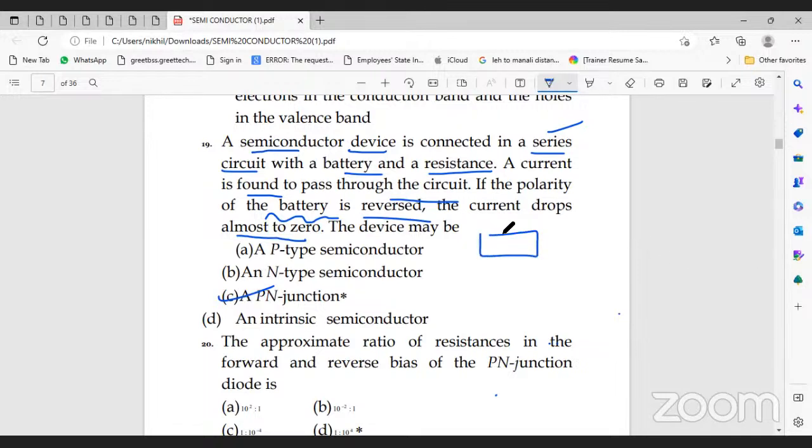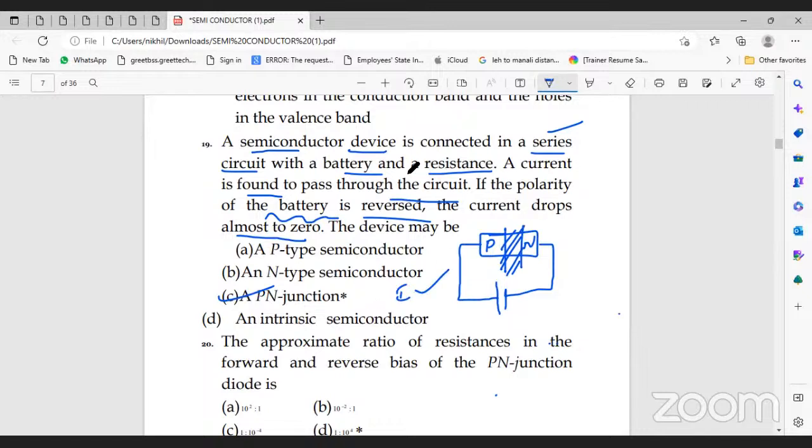Because if I say this is the depletion region, this is P type, this is N type. P type is connected to the positive terminal, N type is connected to the negative terminal. Initially, there will be a flow of current.